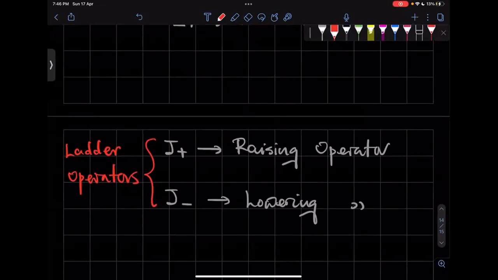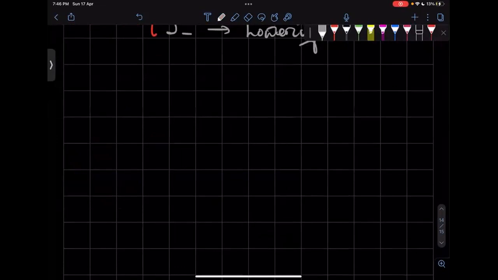So why are they called ladder operators? Because they do the following thing. Let's look at our vector space and line up our linearly independent basis states. These are the J3 eigenvalues of our basis states.